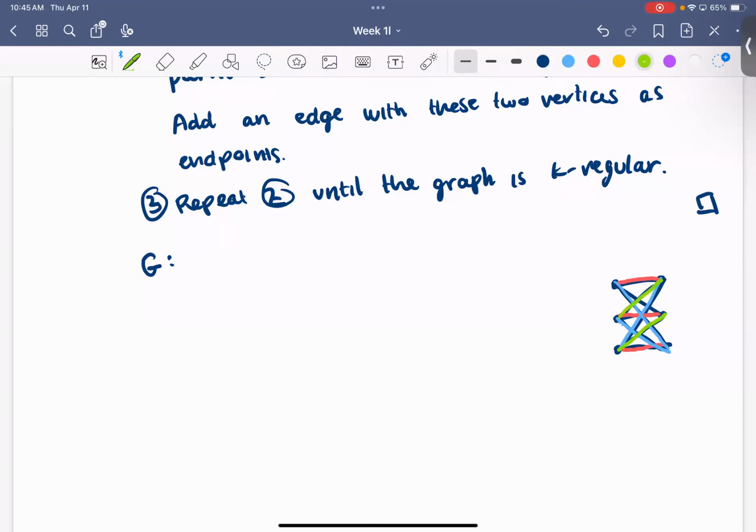This is our 3 edge coloring of K33. So let's say my G looks something like this.